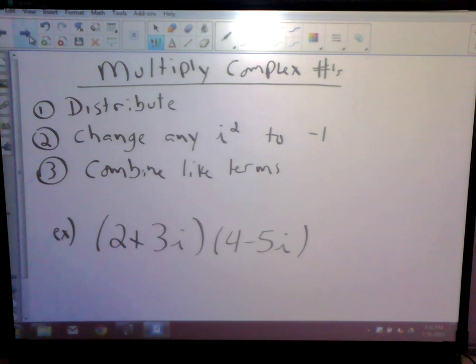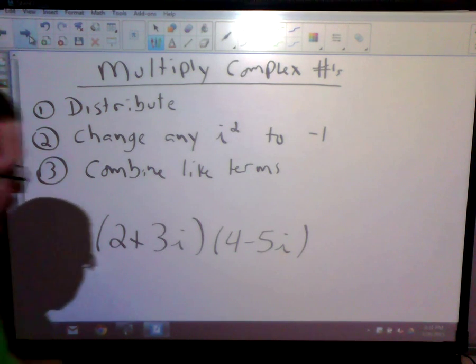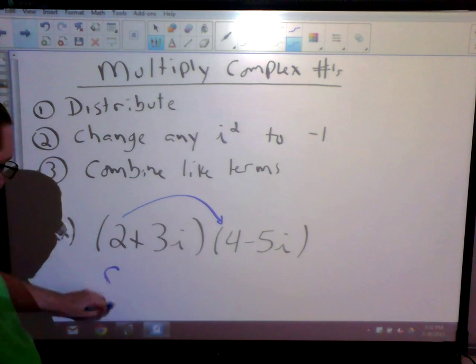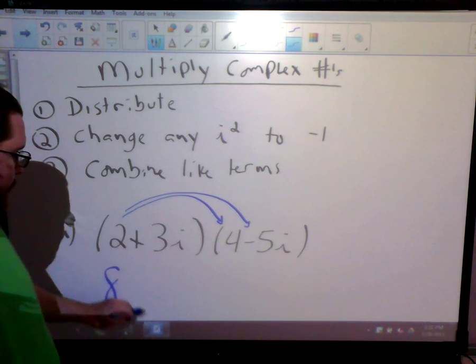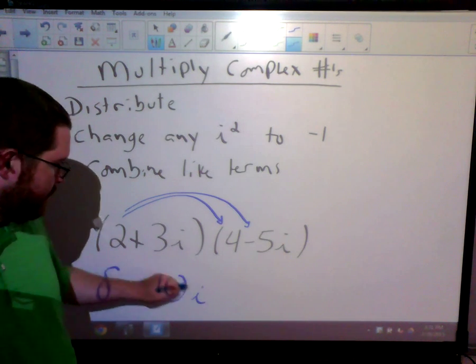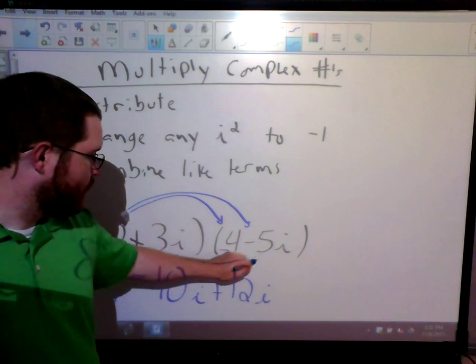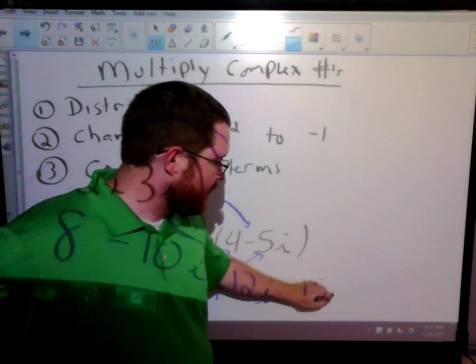How do I multiply complex numbers? I distribute. I change i squared to negative 1. And I combine like terms. So let's distribute. I get 8 minus 10i plus 12i minus 15i squared.